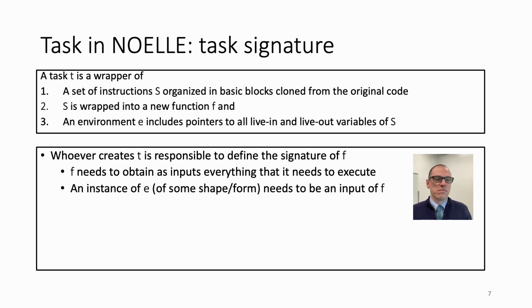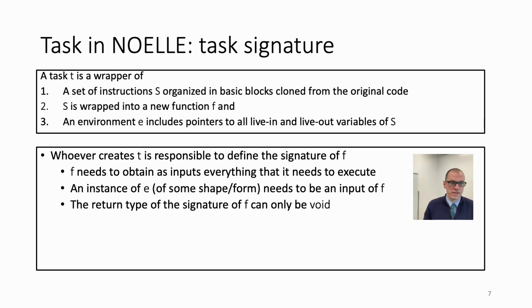So you need an instance of the task environment from which you can retrieve all the live in and the live out variables. The return type of the signature of F has to be void all the time.